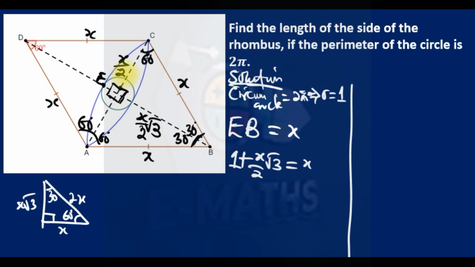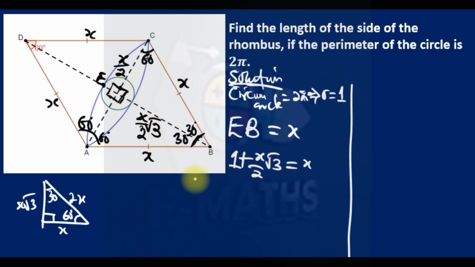Do you get the logic? I say since here is x, here is x root 3. So if you add 1 and x over 2 root 3, it will give us x.